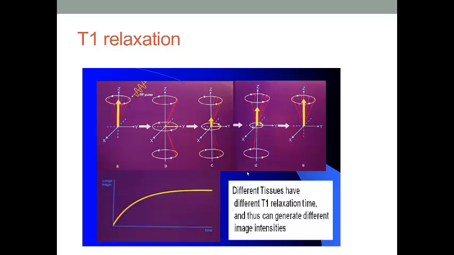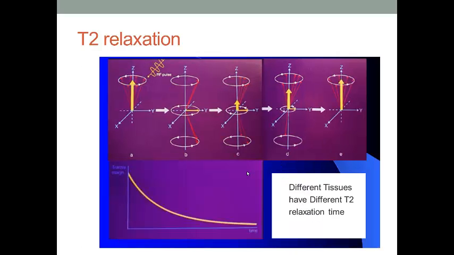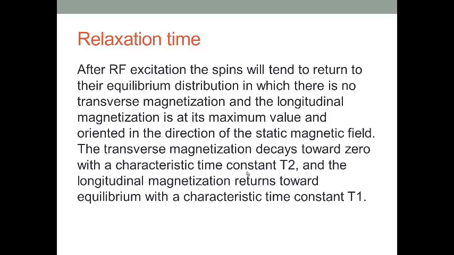There are several types of images. Sometimes we call it a T1 weighted MR image, sometimes a T2 weighted MR image. This one is a little difficult for you to understand, but what I want you to know is just the basic idea of the MR image.